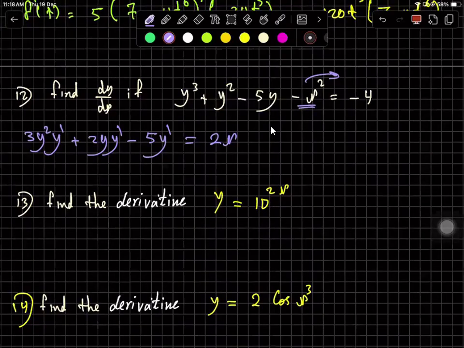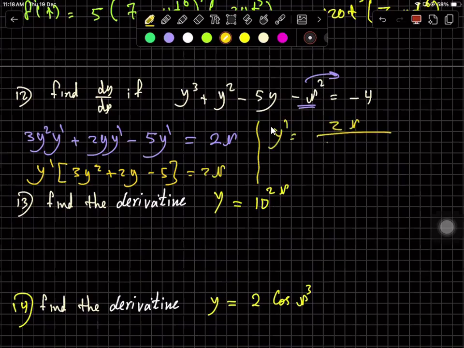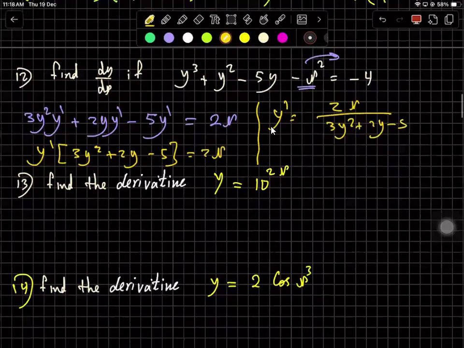Because I want to take this y prime as a highest common factor. So after taking the highest common factor, y prime times (3y squared plus 2y minus 5) is 2x. Then y prime is 2x over 3y squared plus 2y minus 5. Okay?